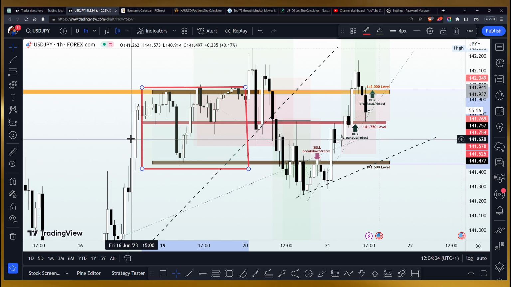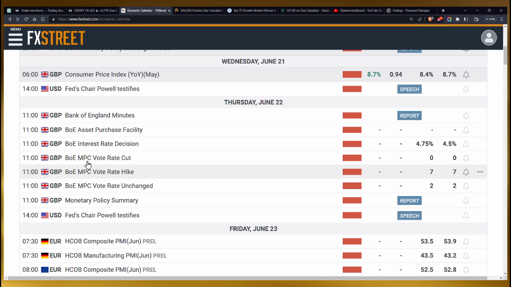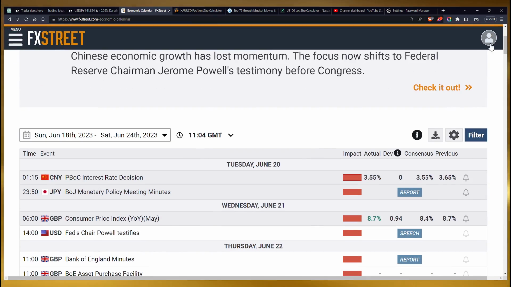And the indecision in this market is very much connected to the economic data from the US and Japan's economic dockets. Let's look at the economic calendar here so that I don't get things mixed up.